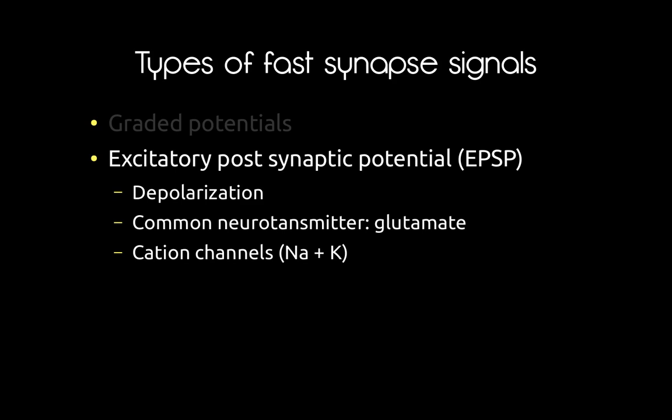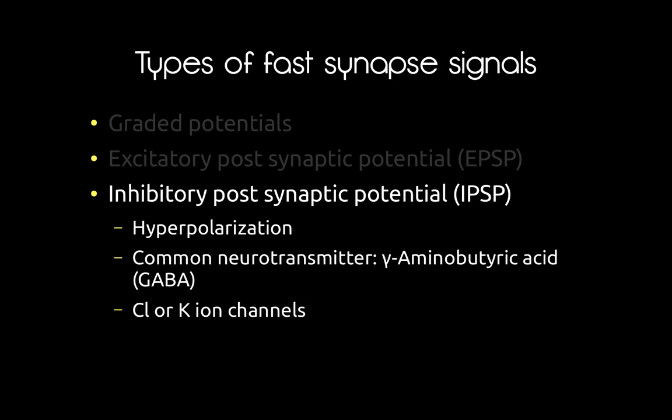The other type of postsynaptic potential is the inhibitory postsynaptic potential. This causes hyperpolarization, taking the potential further away from threshold potential, so it's less likely to reach threshold. The most common neurotransmitter used in these inhibitory synapses is gamma-aminobutyric acid, or just GABA for short.